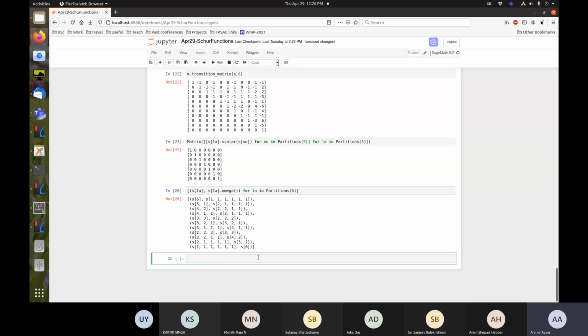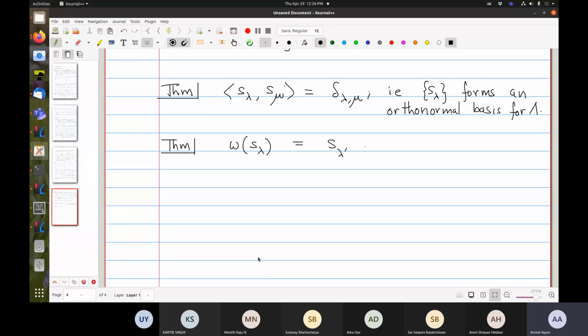Okay. So good. These are some of the fundamental properties of S lambda. But another definition of the Schur functions is going to be useful for us because these are somewhat difficult to compute the way I have explained them.